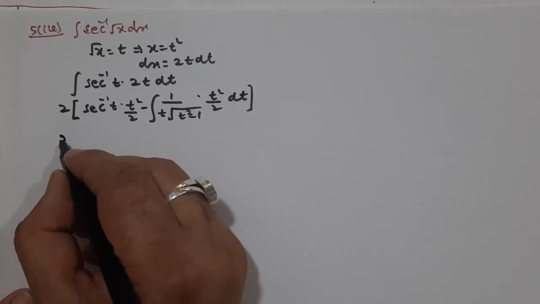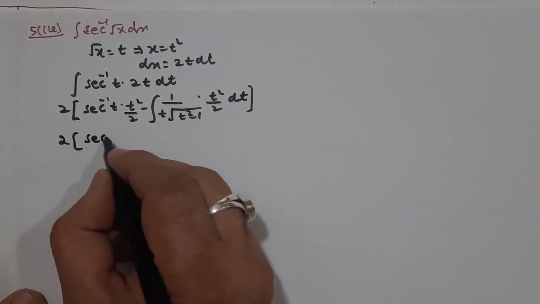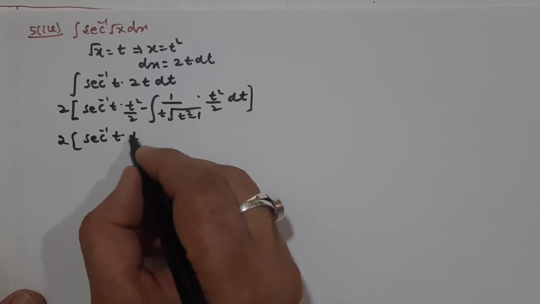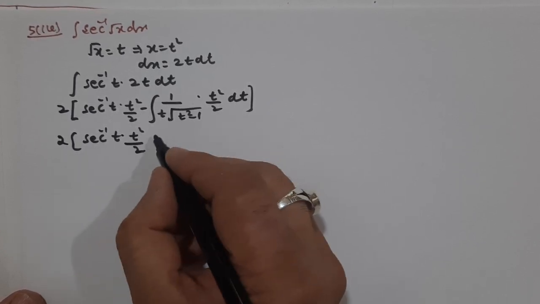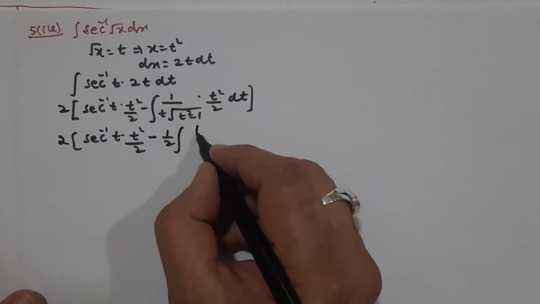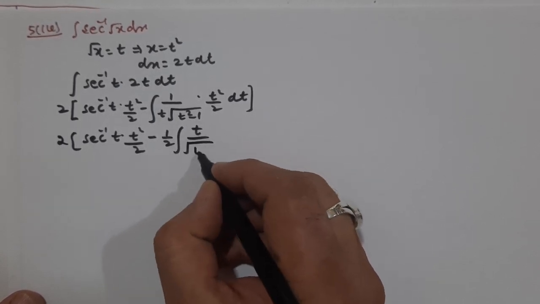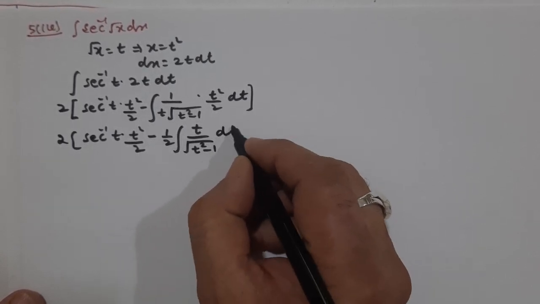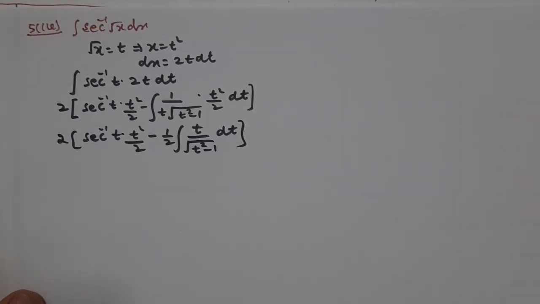So we get 2 into secant inverse t into t square upon 2, minus 1 upon 2, t upon under root of t square minus 1 dt, like this.